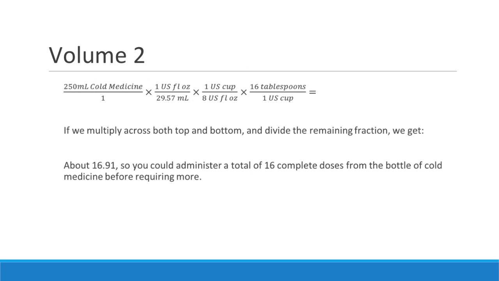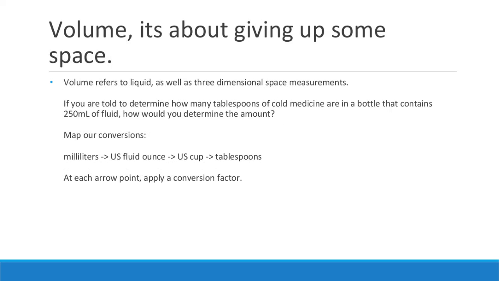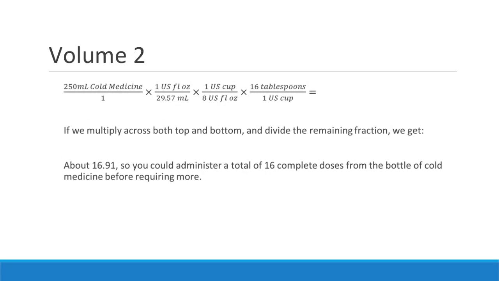But you can just set this up, and as long as you have that map from our last slide, knowing that I'm moving from milliliters to fluid ounce to cup to tablespoon, and as long as each of these properly crosses out, so milliliters would cross out with milliliters, fluid ounces would cross out with fluid ounces, and I'd move on with cups. And then cups would cross out with the conversion factor and move on with tablespoons. As long as all of that works properly, then my answer is going to work.